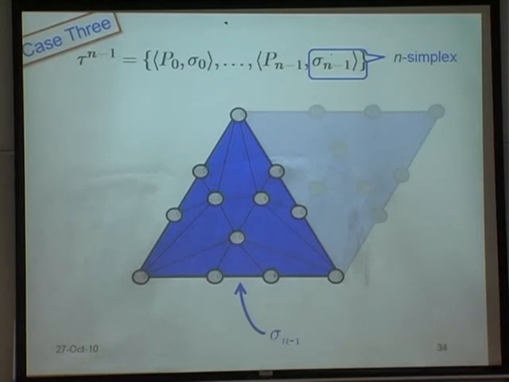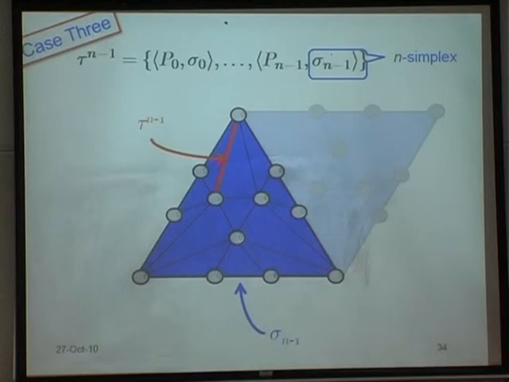So the last case is suppose that the sigma Sn minus 1 is an n simplex. So suppose the last process of this set that ran saw everything. And so that's the last possible case.